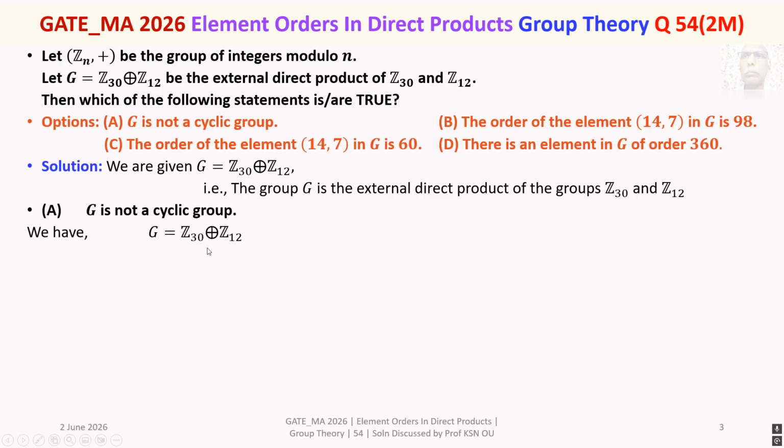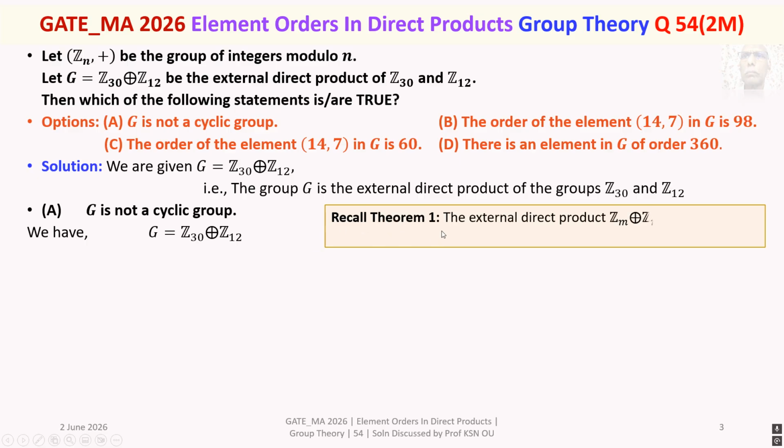We have G is the external direct product of Z30 and Z12. Let us recall this theorem, which we'll call theorem 1. The external direct product of two groups Zm and Zn, Zm plus circle Zn, is a cyclic group if and only if the GCD of m, n is 1, that is, m and n are relatively prime.